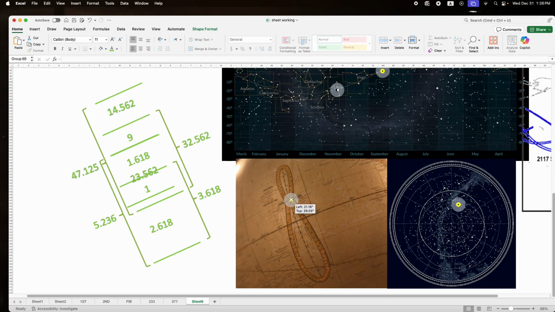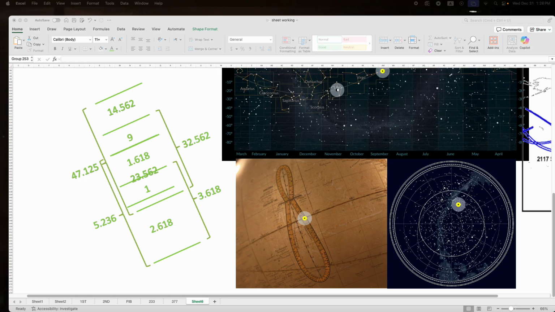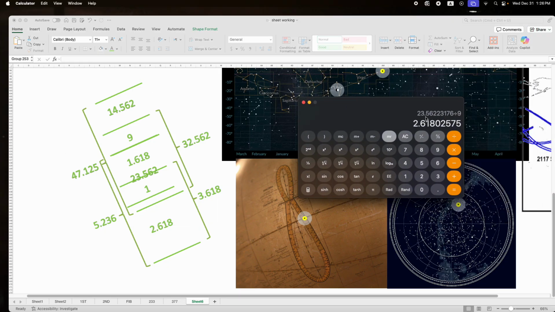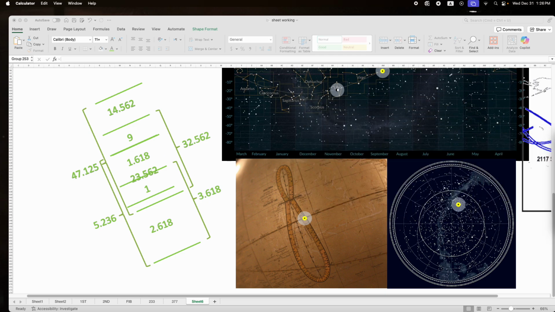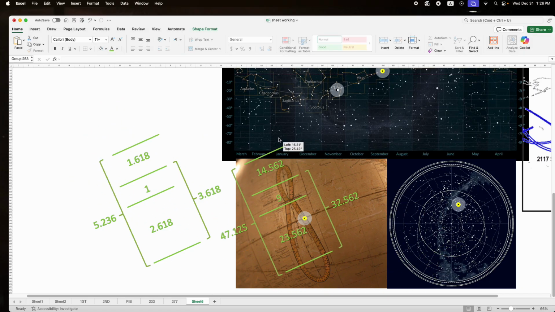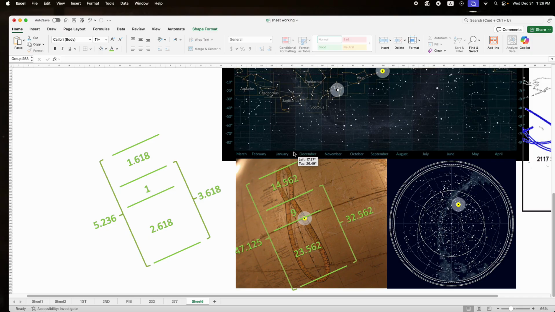And of course you have this crossing that happens at 9 degrees. So how does that help us? Well, we know that our degree value, 23.562 degrees divided by 9, gives us phi squared, and the crossing happens at 9 degrees. So we take this breakup right here, and you see how we have these values assigned.